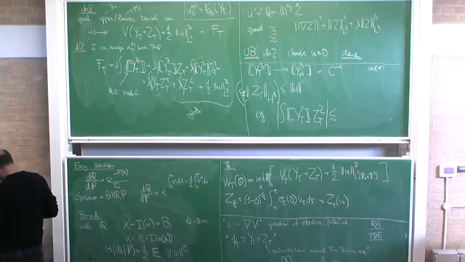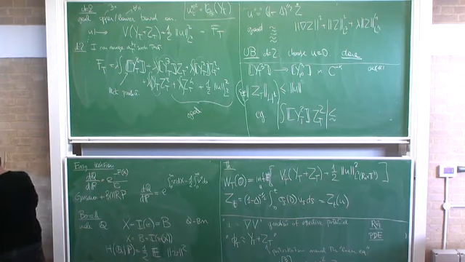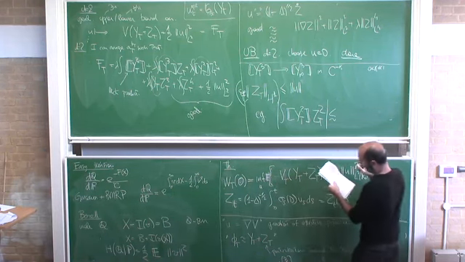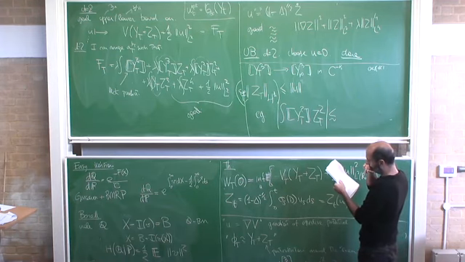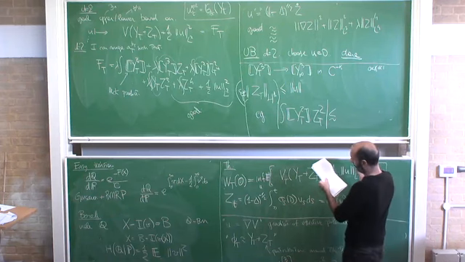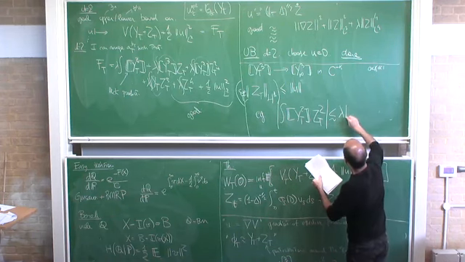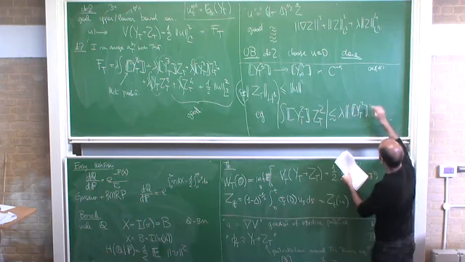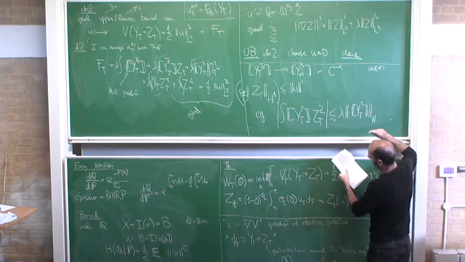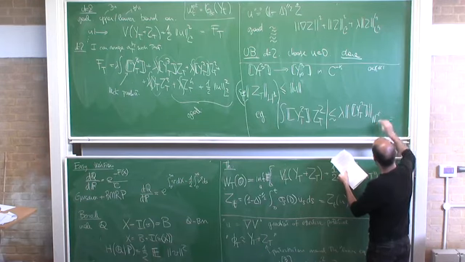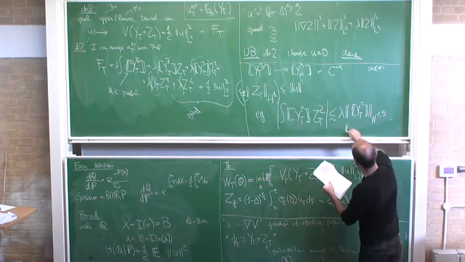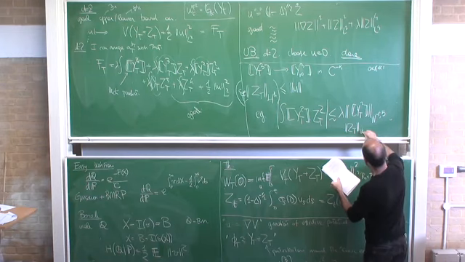You have to look at how you estimate this thing with the L4 and H1 norm, and then this term can be estimated like lambda times the norm of this guy in some fractional Sobolev space, and then you have the norm of z in W^{1,2}.